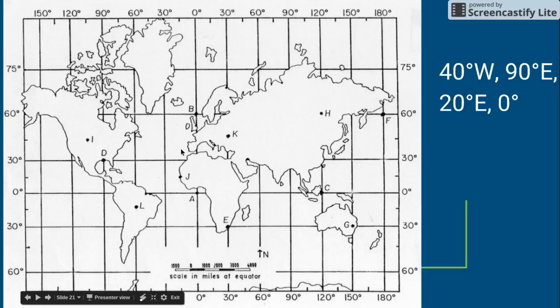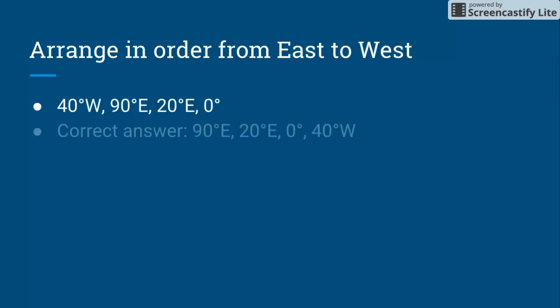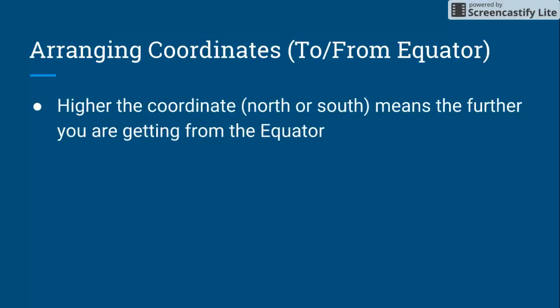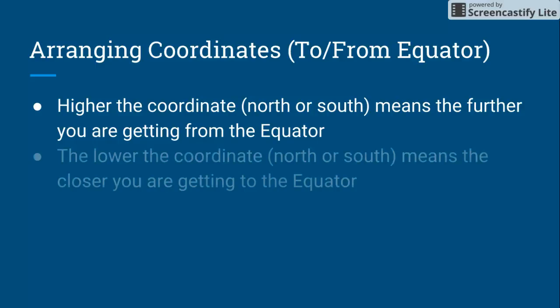Well, if we just took these examples, just these top two, 40 degrees west, 90 degrees east, we could look at these on here and tell how far away they are from the equator or the prime meridian. But if we're just focusing on the equator first, the higher the coordinate, whether it's north or south, means the further you're getting from the equator.